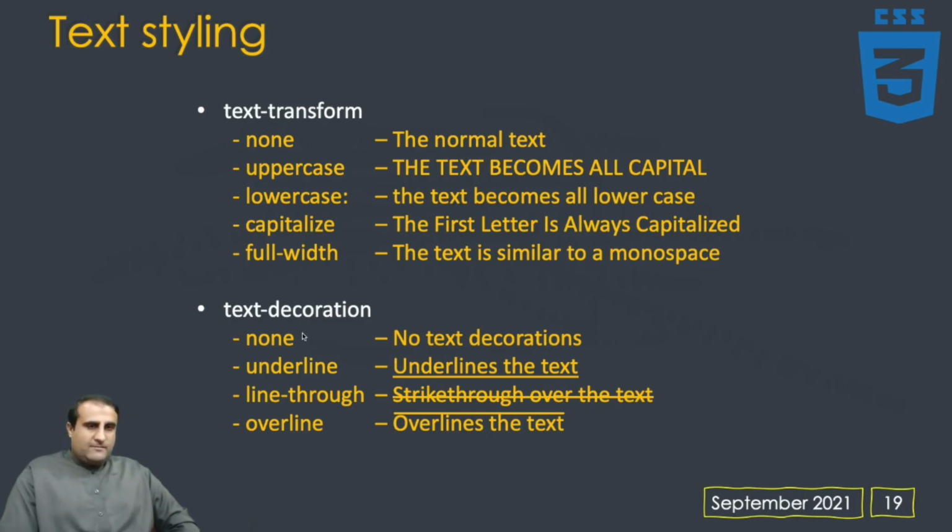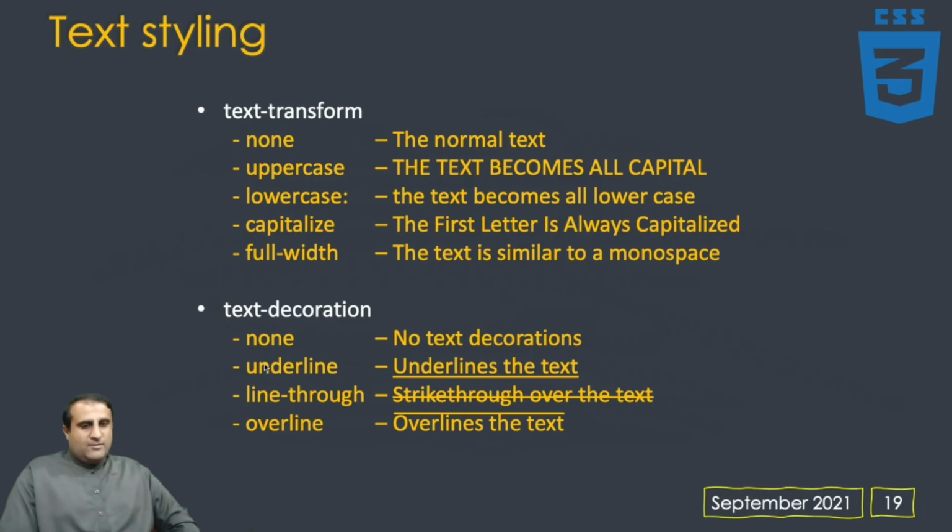Then we have the text decoration property. For the none value, no decoration is applied. If the value underline is used, the text will be underlined. Line through means a strike-through line will be applied to the text. And then we have overline, which, as compared to underline, places the line over the text.